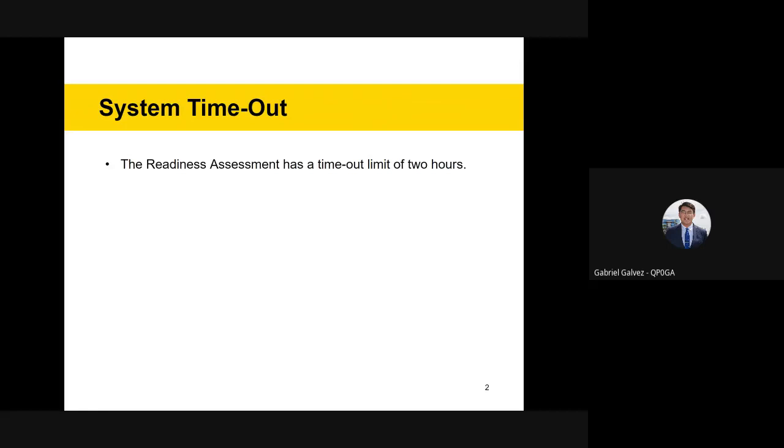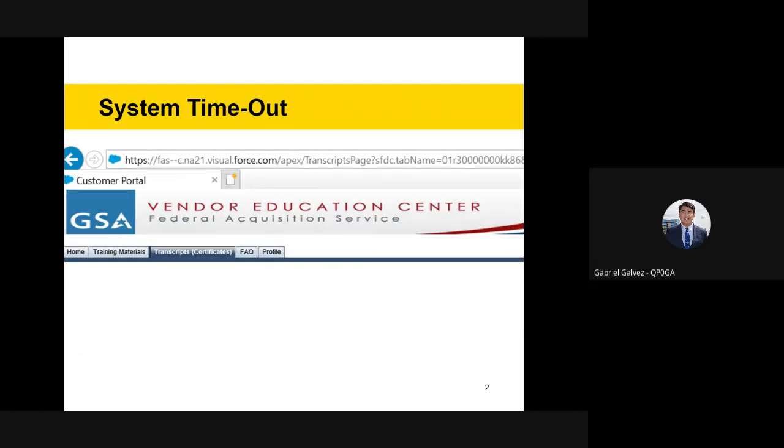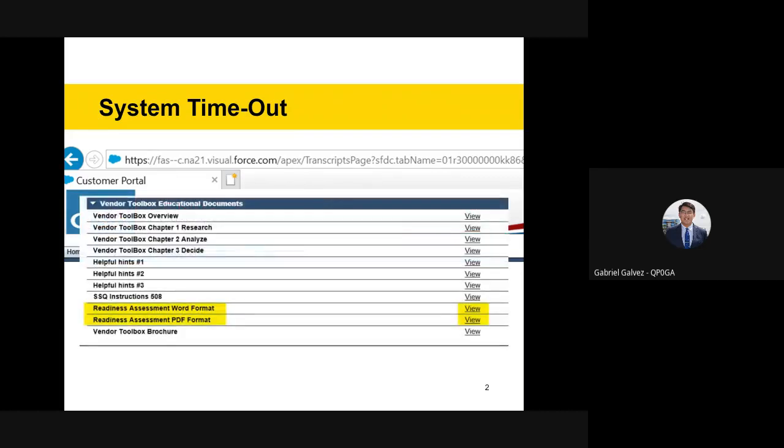To prevent the system from timing out, complete the assessment within the 2-hour window. The best way to do this is to complete the Readiness Assessment before starting the online version. To do this, log onto your account with the Vendor Education Center and click on the Training Materials tab, highlighted here in blue. After that, you may download a copy of the Readiness Assessment and answer each question on the Word or PDF files before completing them on the online Readiness Assessment.